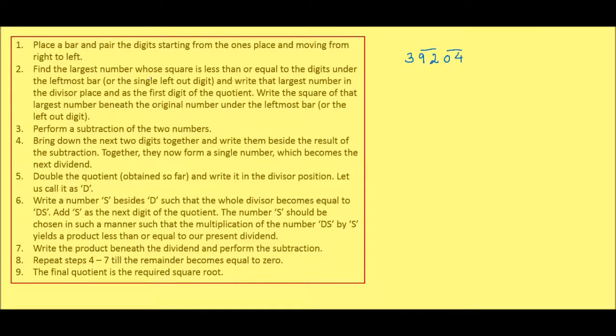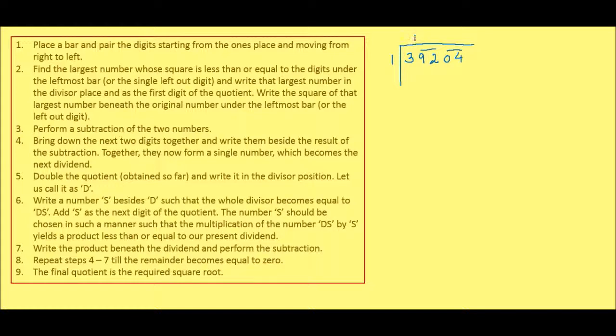Now, we have found the number, that is 1. Write that largest number in the divisor place. So we put this sign first of all, and we put a 1 in the divisor place. And as the first digit of the quotient, we are writing the quotient at the top.